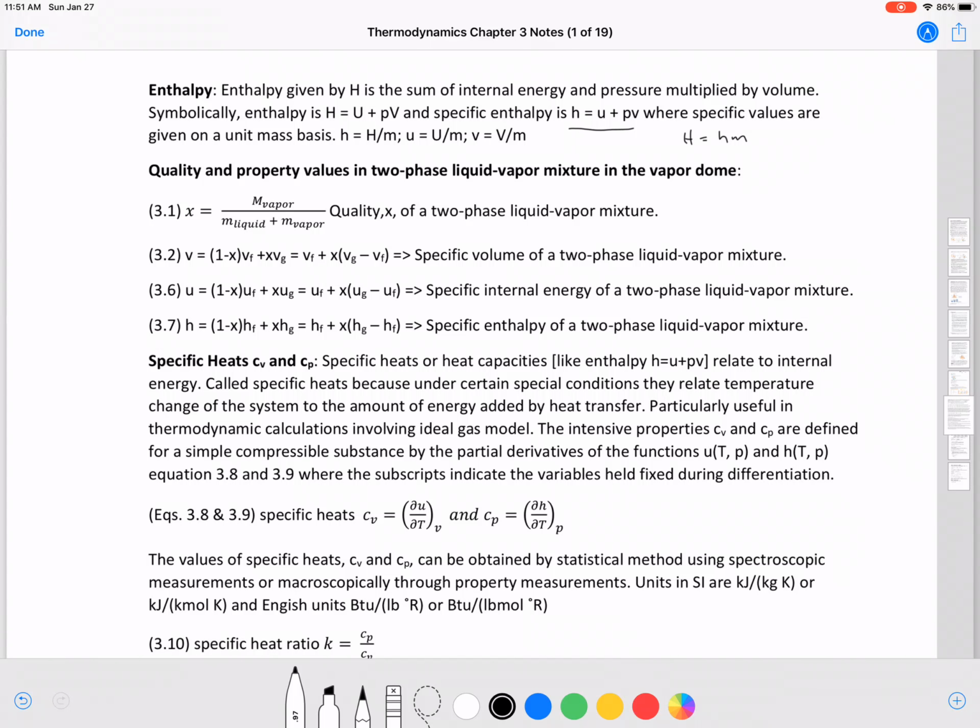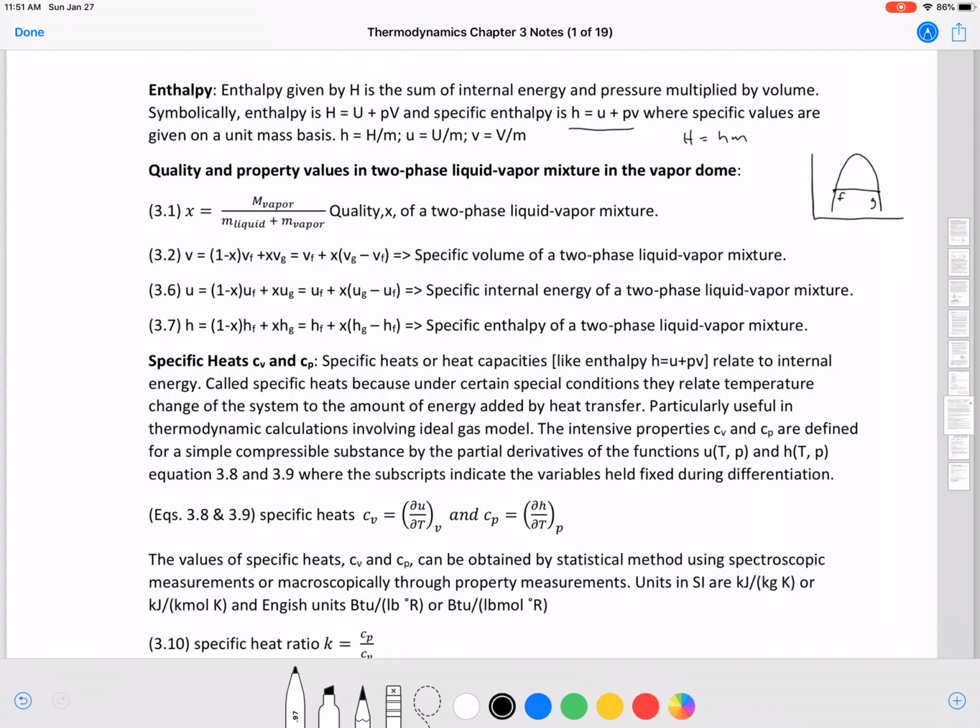Okay, so we talked about quality. That is how we find where we are if we are in the dome here, and we know that we're someplace between this point f and this point g. We know we're in there somewhere. We know that temperature and pressure are not independent of each other, and we need another variable.